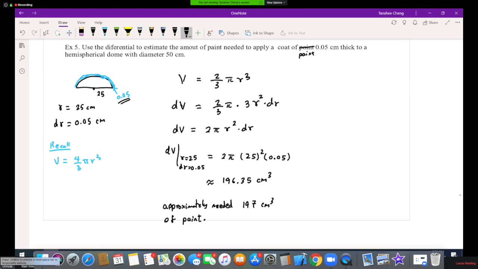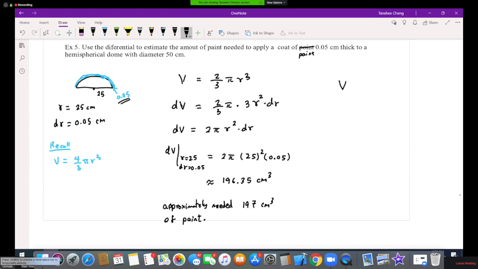Now, is this approximation right or not? We can easily find that out by looking at the actual value. So what is the actual value? We want to find the volume of that little blue line that I drew.